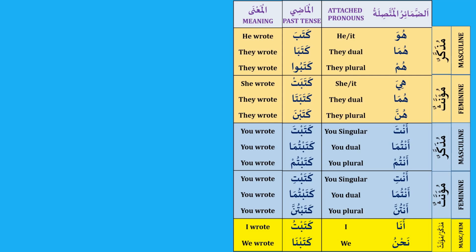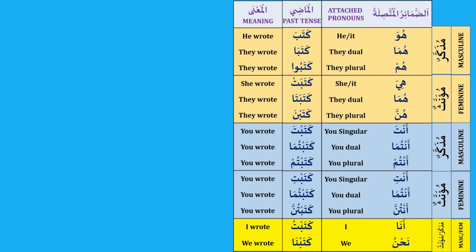These are masculine مذكر. كتبتِ, you wrote, singular feminine. كتبتما, you wrote, dual for masculine and feminine. كتبتن, you wrote, plural feminine. كتبت, I wrote, feminine and masculine. كتبنا, we wrote, feminine and masculine, dual and plural.